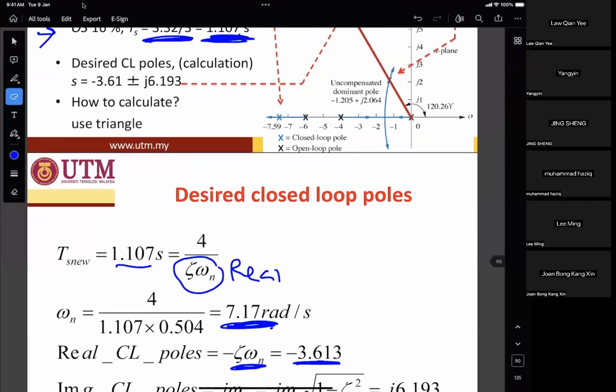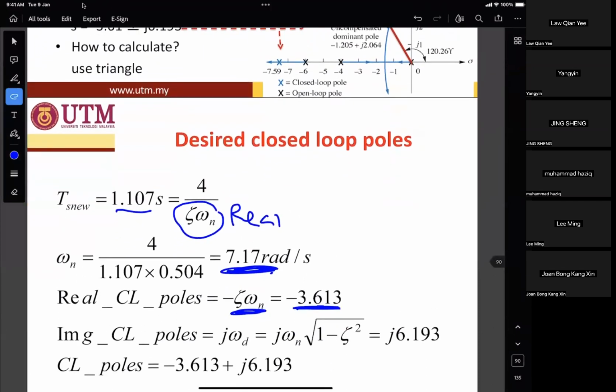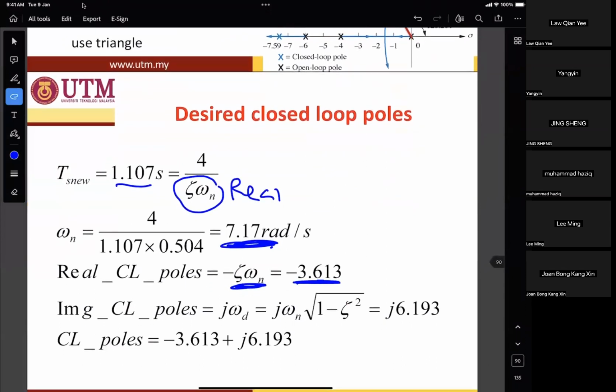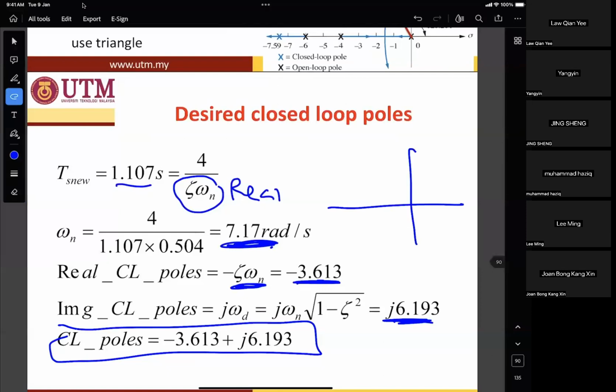And this 3.613 will match with the new omega d, which is 6.193. So this is the new dominant pole, which is at minus 3.613.